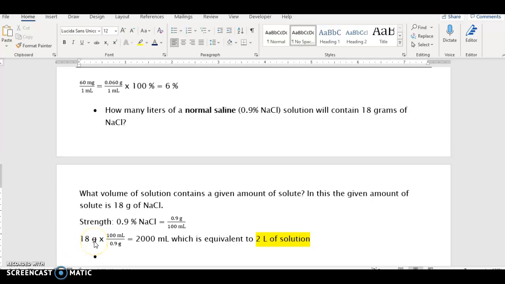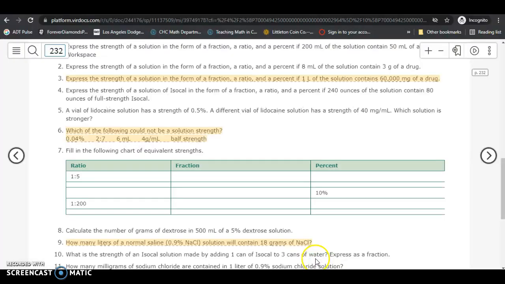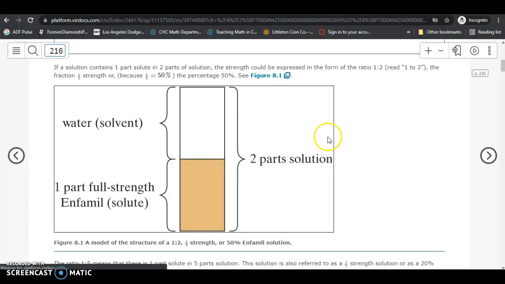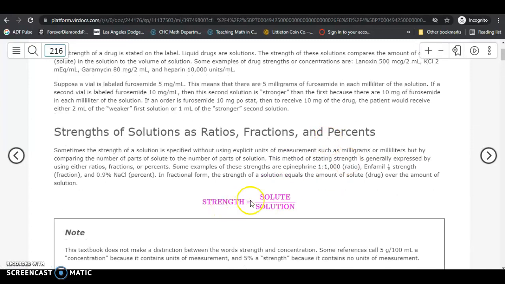If this approach seemed a little confusing, there is another way to approach the problem. If we go back to the basic formula that we discussed in the previous video for determining the strength of a solution, strength is the amount of solute divided by the amount of solution.